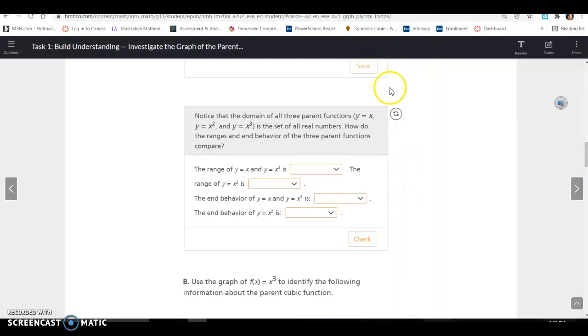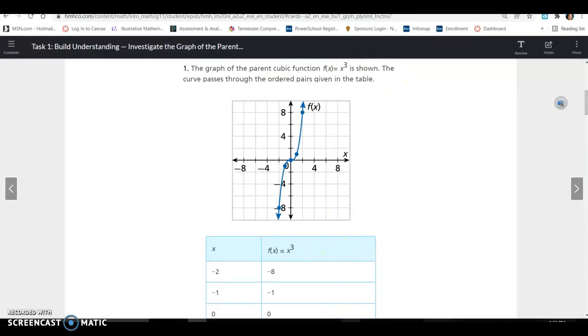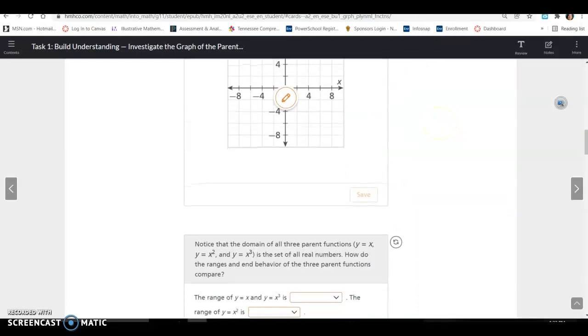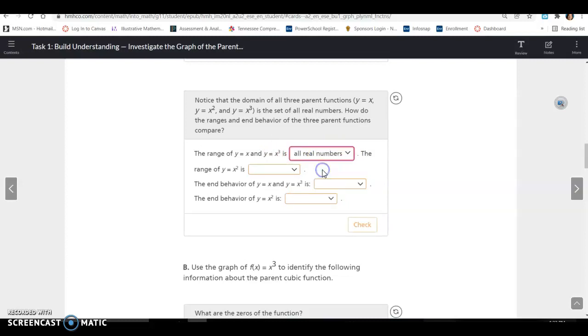Alright, so you have the cubic function here, and you have the linear function here. The range of y equals x and y equals x cubed is all real numbers because it goes up and down forever.